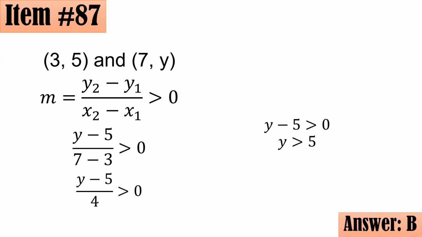Letter B. Tama po yung B. Take note, we will not include the equal to side because kung equal siya sa 5, magiging 0 yung slope. And if the slope is 0, then it is not rising to the right po. That's why y is greater than 5 po. Yung tamang sagot natin. Sa lahat ng nakakuha niyan, good job. But if not, okay lang po yun. Yung mahalaga po ay natututo tayo.